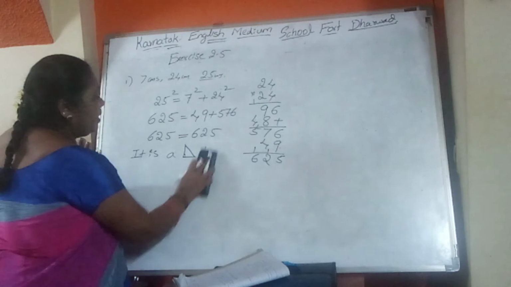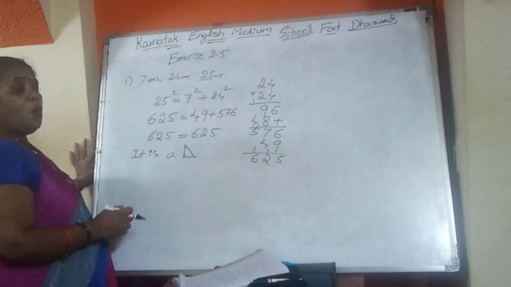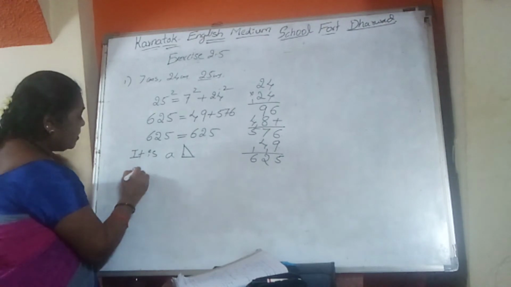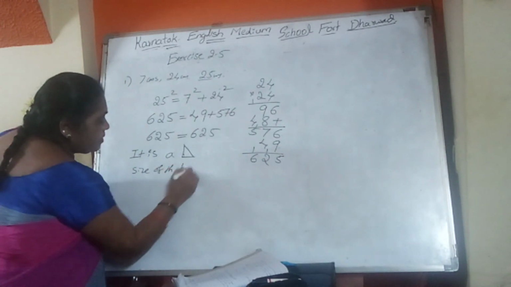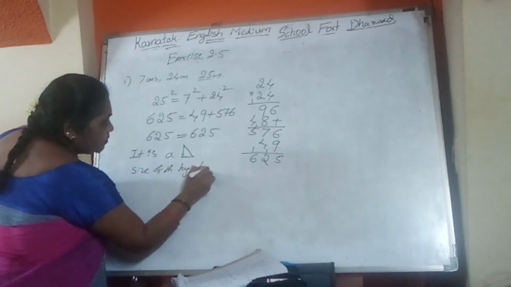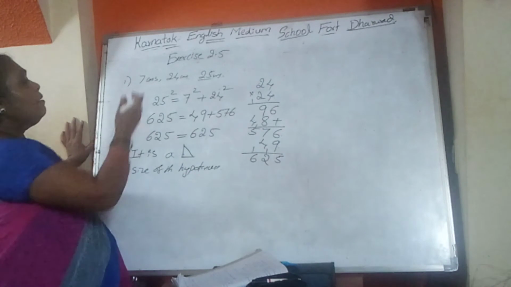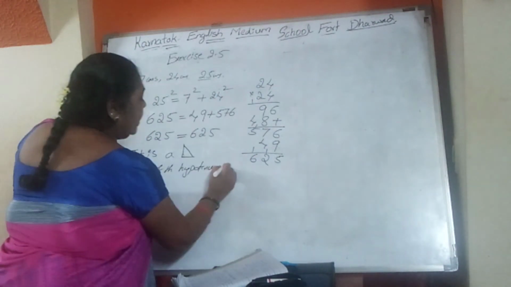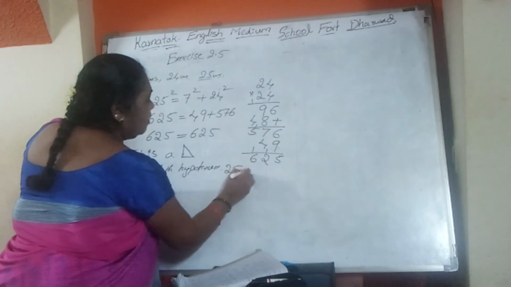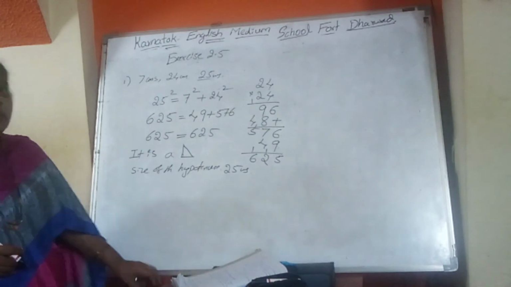What is the size of the hypotenuse? The bigger side. Which is the bigger side? 25 centimeter. Understood now?